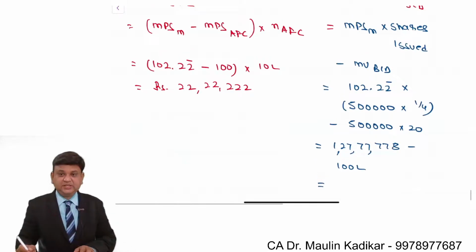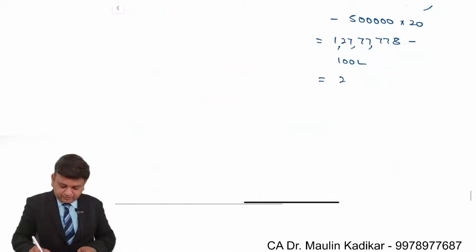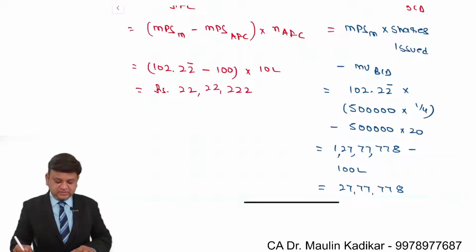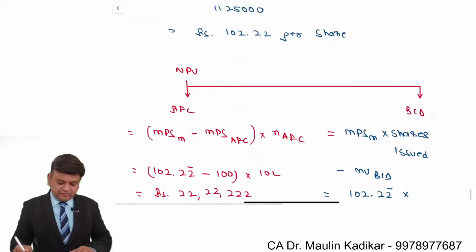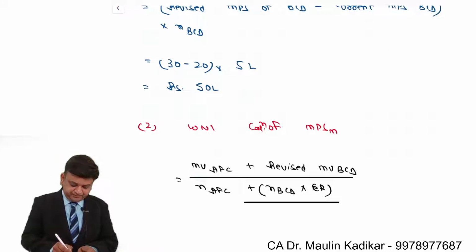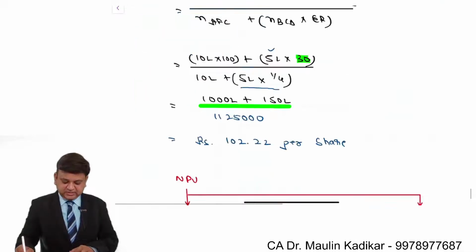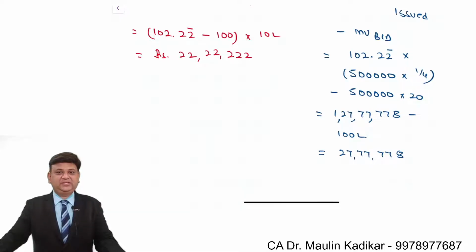So the excess consideration which is passed on to them is 27,77,778. This is the way we can compute the NPV to both of them, and once again logically you can understand that the total of both of them is equal to the benefit of the merger or gain due to merger, that is an amount of 50 lakhs. This is the way we are required to make the computation of the NPV to shareholders of both the companies.